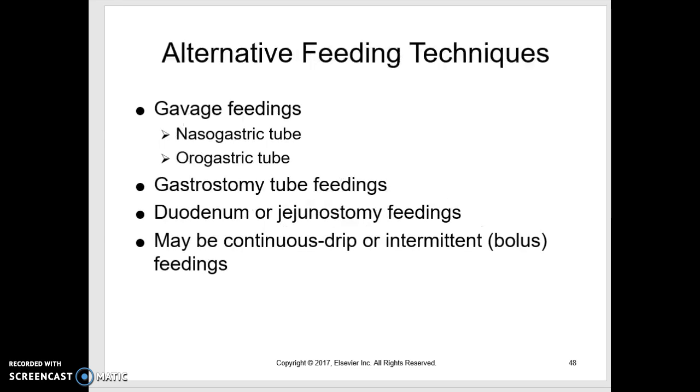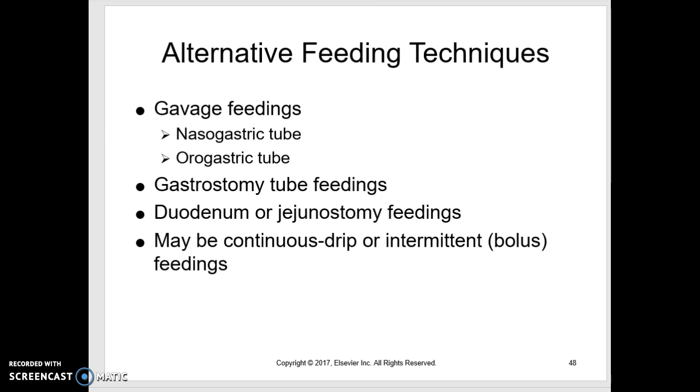Feeding. We're going to have kids with NGs and OGs and gastrostomy tubes. Up in the ICU, they really like to put down NGs into the jejunum, because if they're intubated, we don't want them to reflux and aspirate. So we like to go deeper.